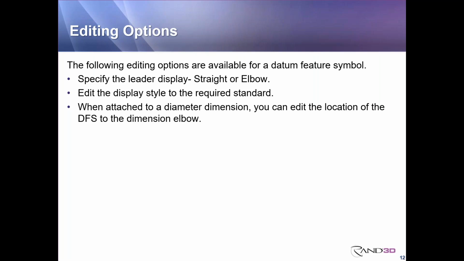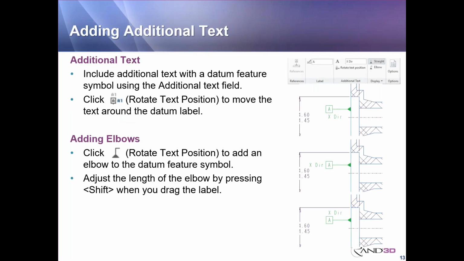When attached to a diameter dimension, Creo will allow you to edit the location of the datum feature symbol to the dimension elbow. When it comes to adding additional text, you can type additional text and place it adjacent to the datum feature symbol, supporting the proper standards. It's that rotate text position icon that shows in that area.